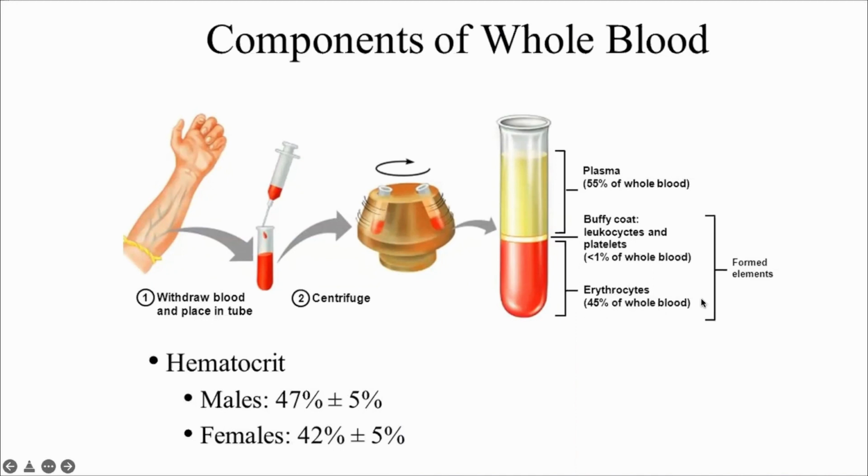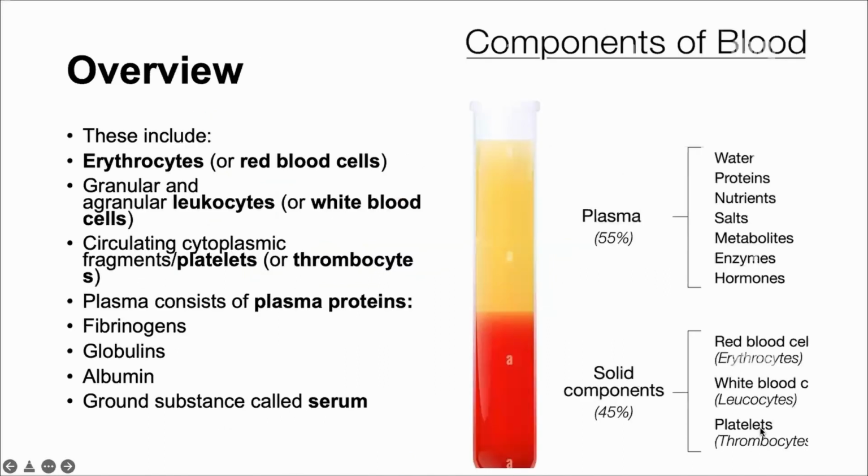So it's a percentage of erythrocytes in the whole blood. The hematocrit varies for male and female as well. And the hematocrit can be distorted. For example, you can have an increase or a decrease in hematocrit, for example, if you have cancer of the red blood cells or even cancer in the blood.